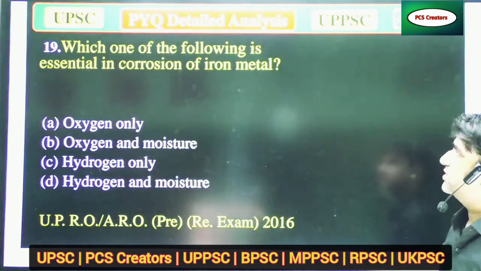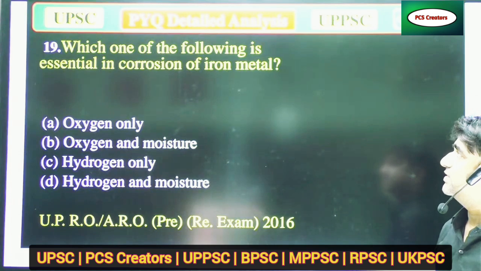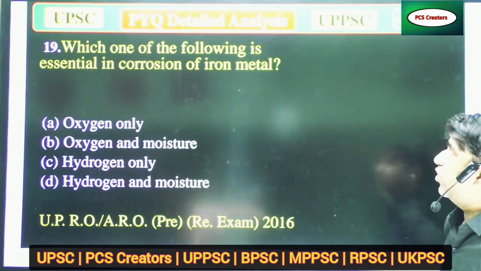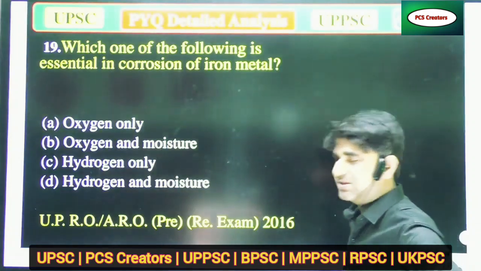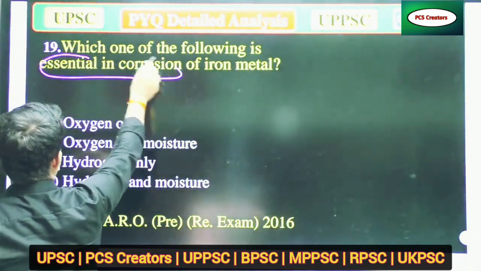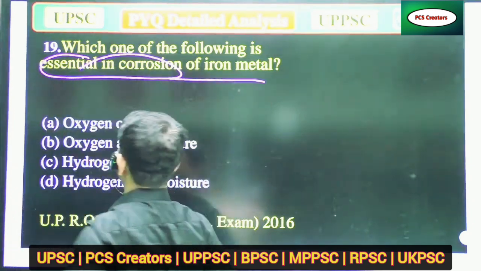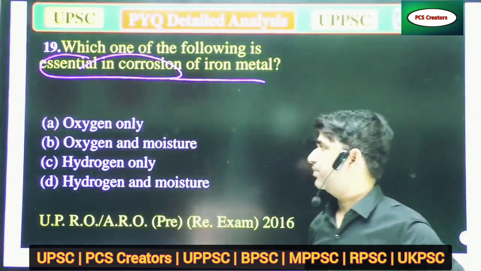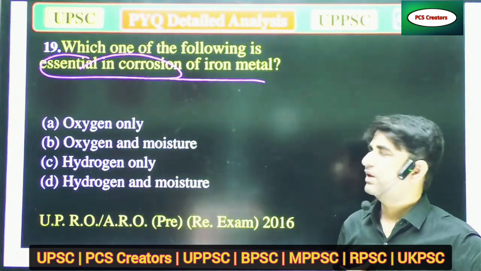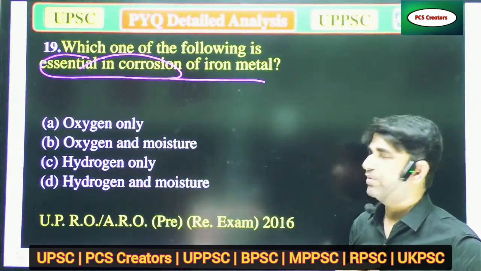Our next question is, which one of the following is essential, or you can say necessary, in corrosion of iron metal? A, oxygen only; B, oxygen and moisture; C, hydrogen only; and D, hydrogen and moisture.